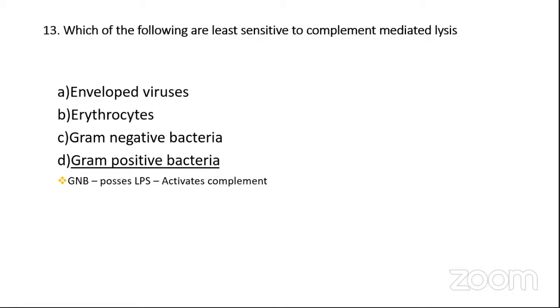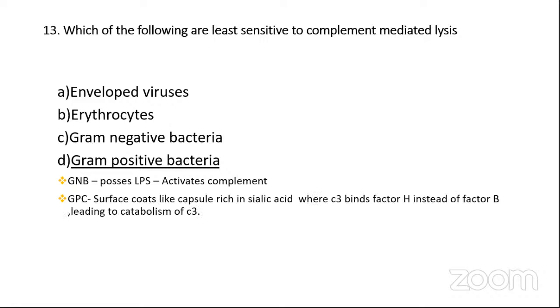So the gram-negative bacteria will be killed. Whereas in gram-positive cocci, the surface is rich in sialic acid, where C3 binds to factor H instead of factor B. Factor H stimulates the catabolism of C3, so C3 will never be activated in gram-positive bacteria.